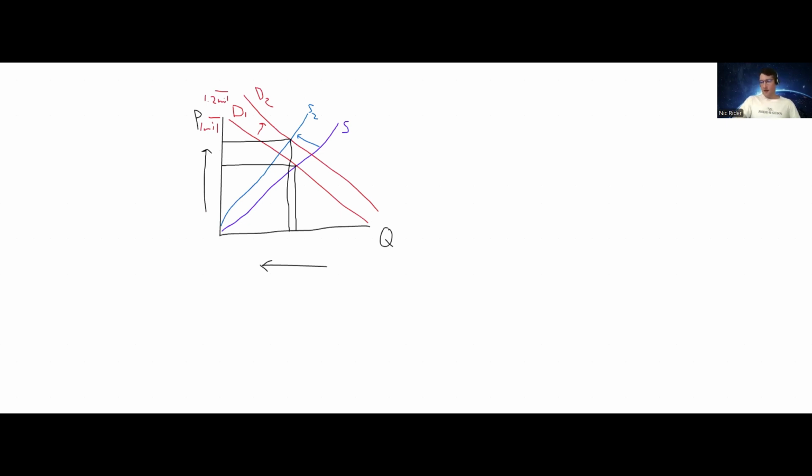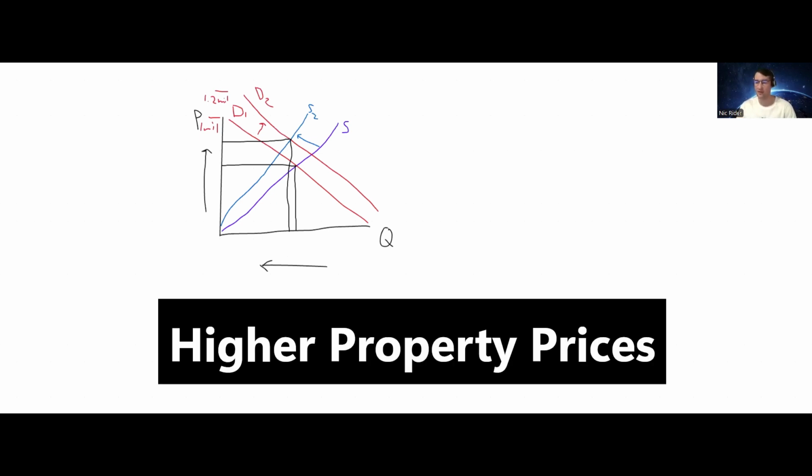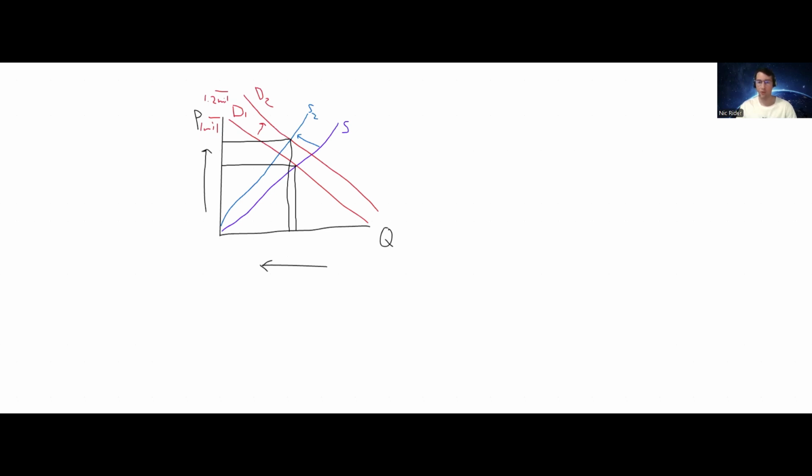So as the quantity of supply decreases and the demand increases, as a result, prices go up. If we're looking at the housing market and more people try to buy houses in the current market and over borrow, this is the scenario of what's going to happen.